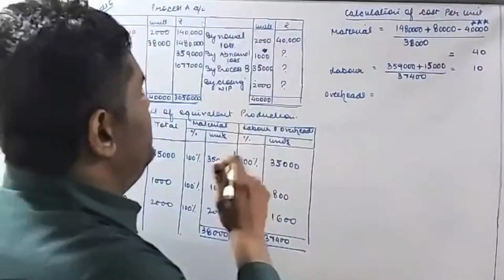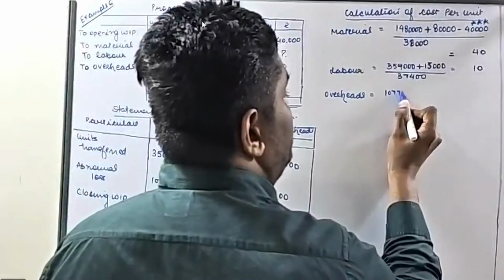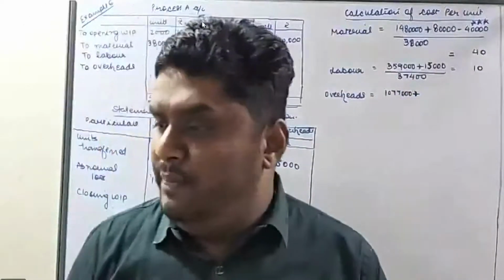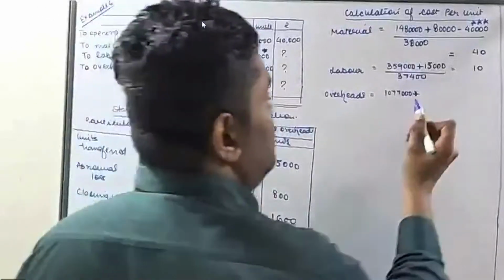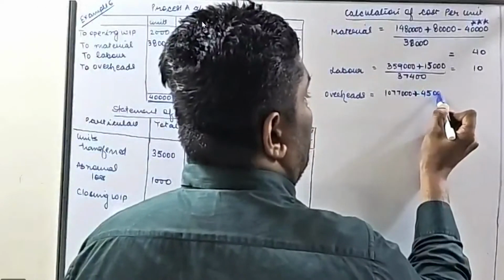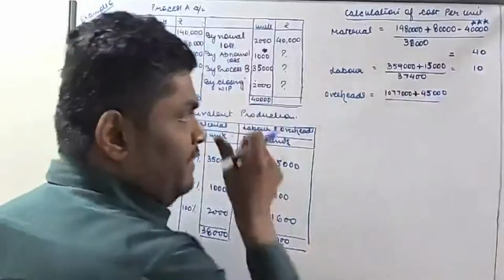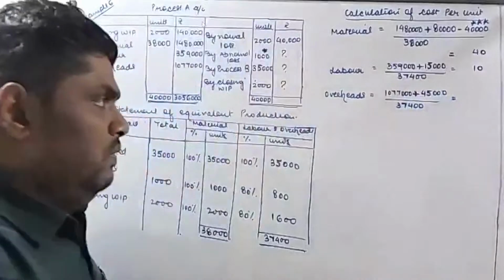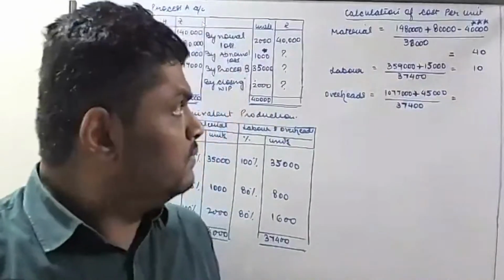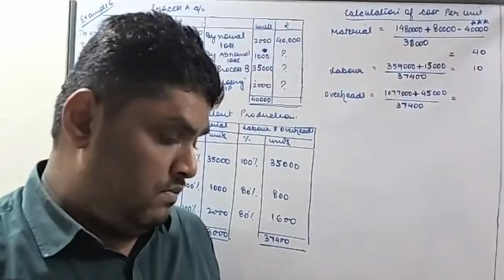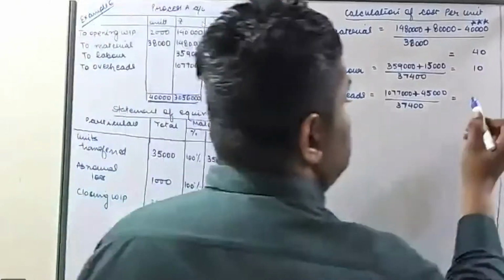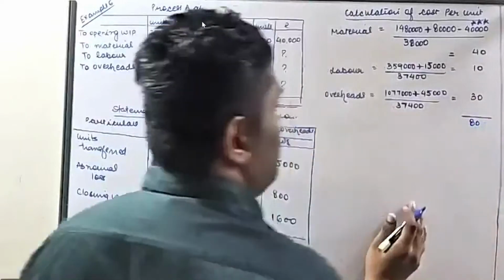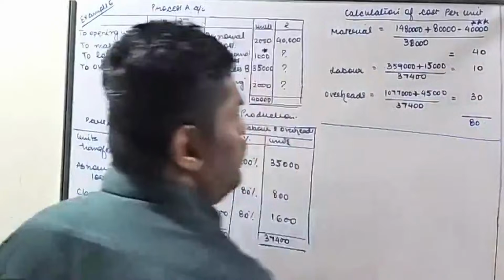Again, the cost incurred during the year, that is 10,77,000, the cost incurred in the previous year, that is 45,000, divided by the same 37,400. So we are done with the calculation of cost per unit.